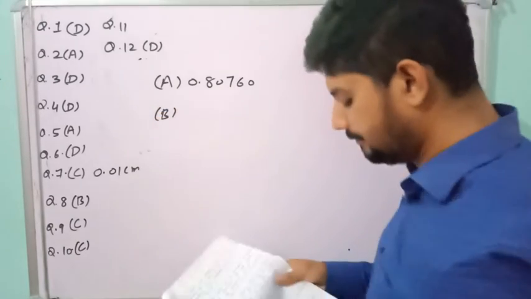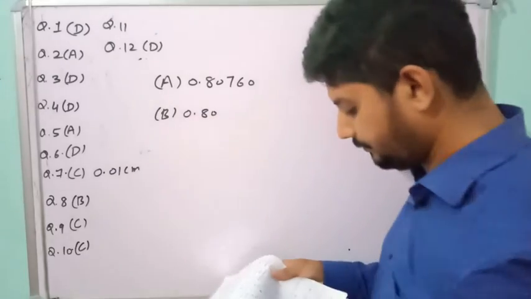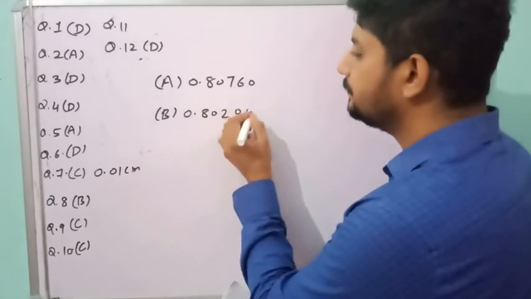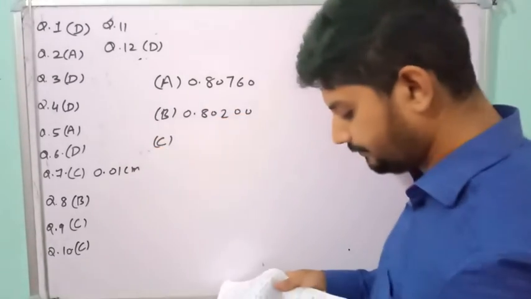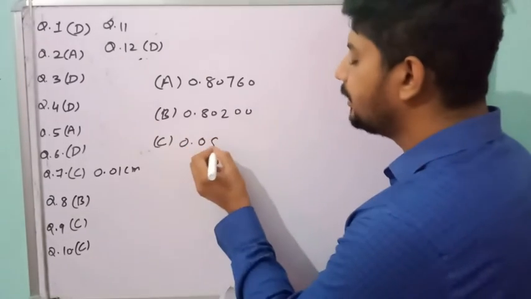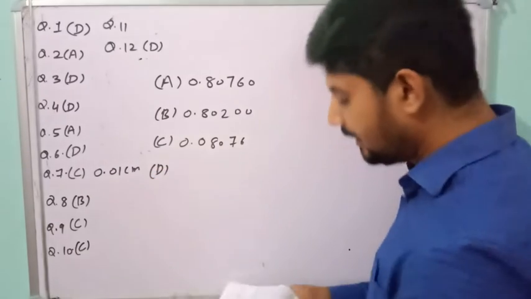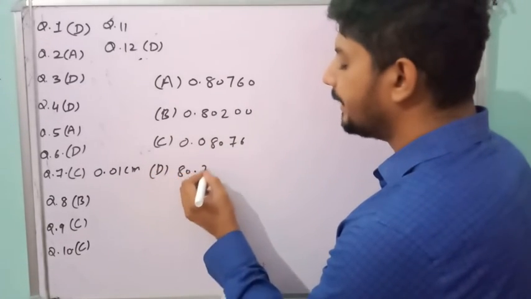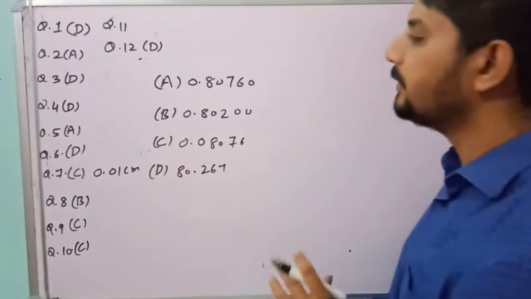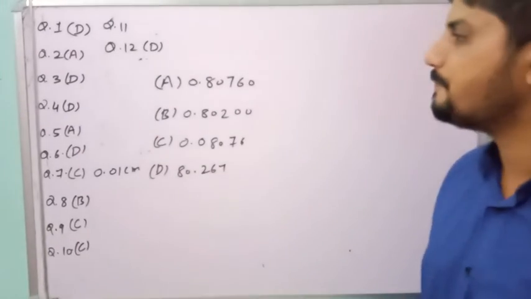Option B is 0.80200. Option C is 0.08076. Option D is 80.267.